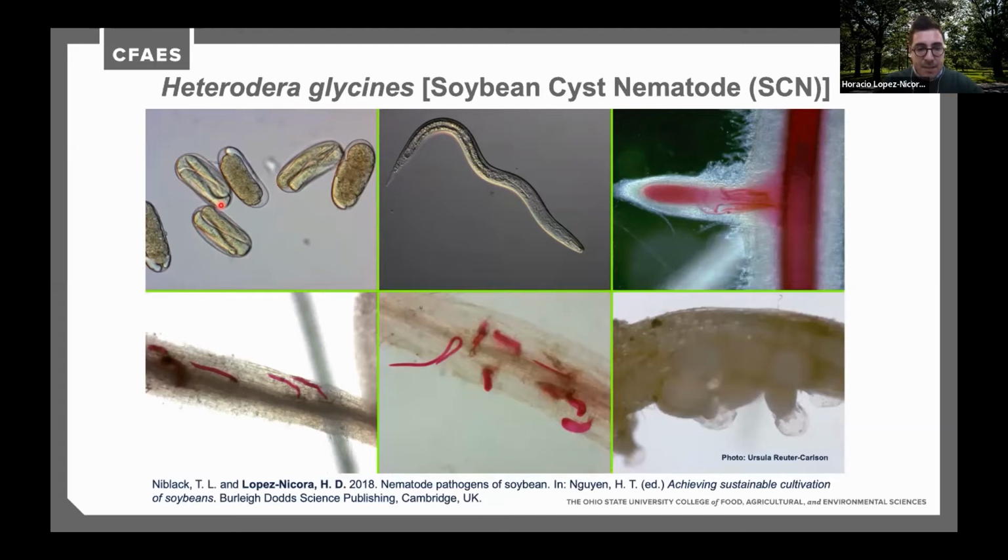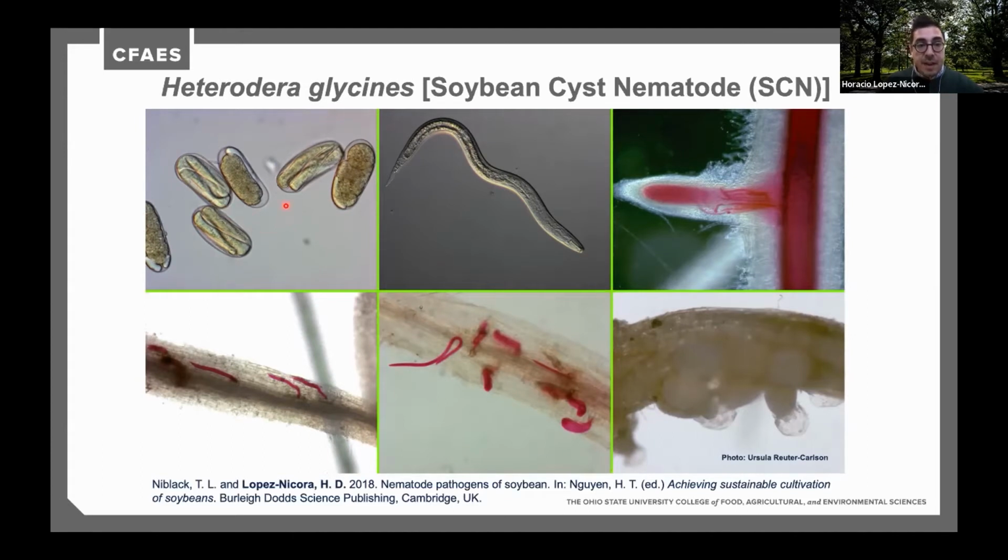Now, the number of eggs per 100 cc of soil is the data that you want when you're sampling for Soybean Cyst Nematode. It is the number of eggs, not the number of cysts, that will give you an indication of the initial inoculum in that field.